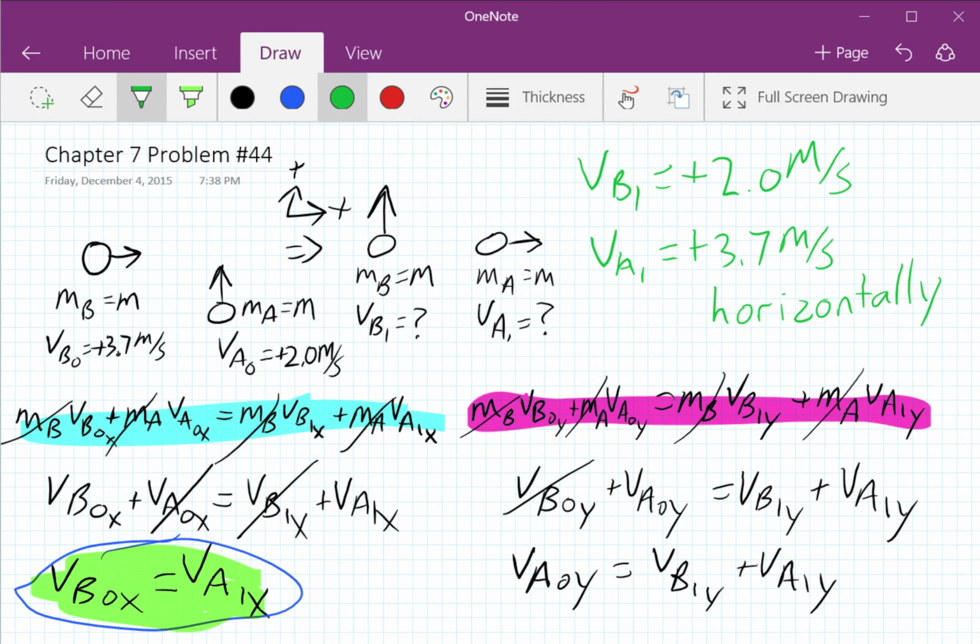Because the masses are identical, the momentum of MB went into MA and the momentum of MA went into MB. So you're basically just explaining they switched.